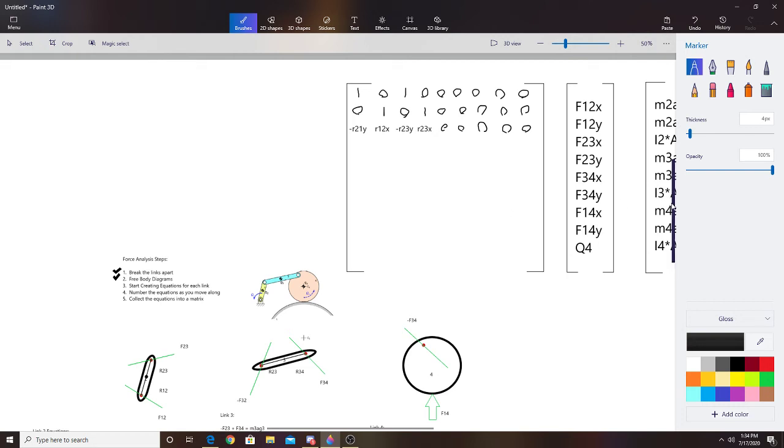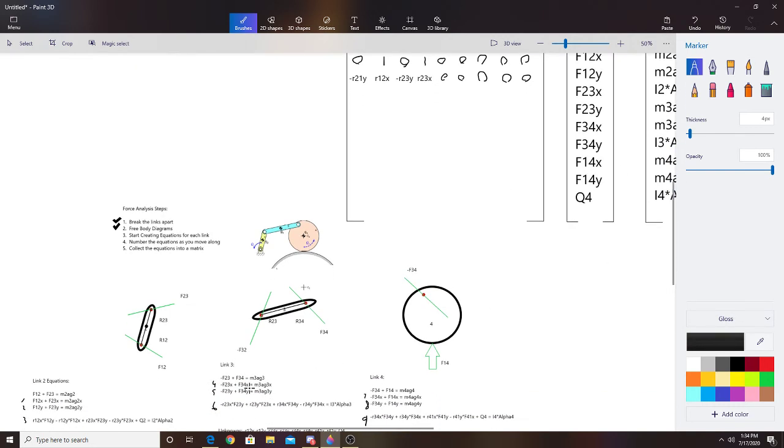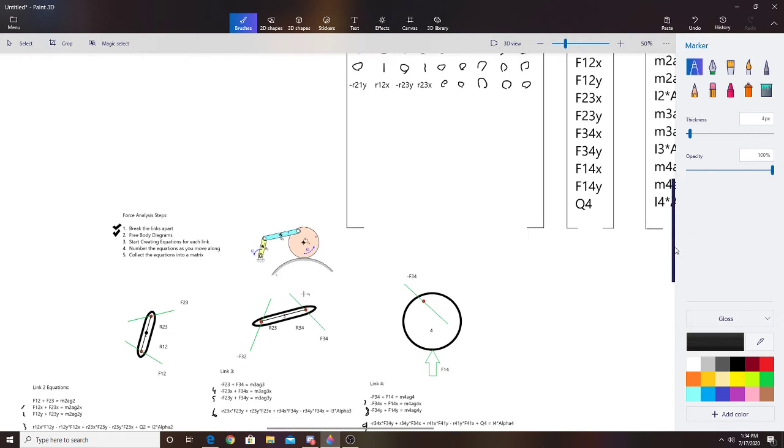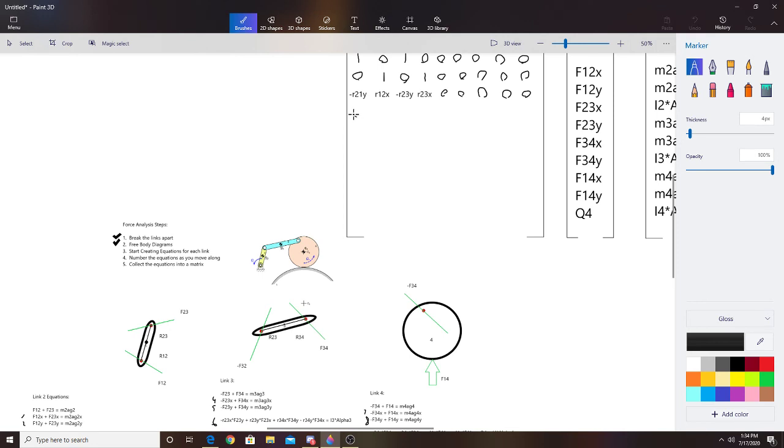Now we do the next one, moving on, which is the length 3 equations, which is F23, F34. So is there an F12? The answer is no. Is there another F12? The answer is no, but there is an F23. So F23 is a minus 1, because remember we had to flip the sign. So minus 1 for this one, F23x. And then we had to do a 0. And then it's a positive F34x.